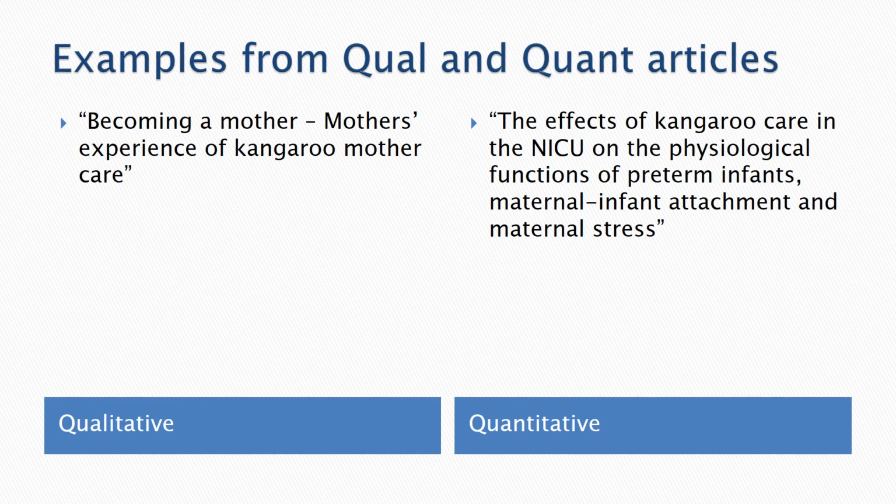What I want you to be able to do is to read through that abstract and identify the things that are jumping out at you around that type of research. If it's a qualitative study, what was their question? How did they gather their data? What were the results? What kind of language did they use in the abstract that might tell you that it's qualitative versus quantitative? And the same for the quantitative article as well.